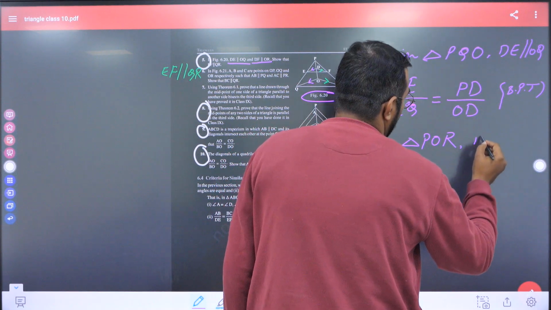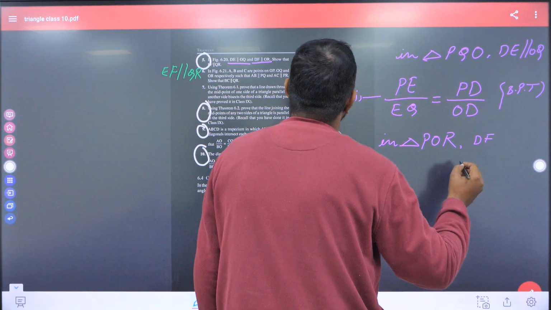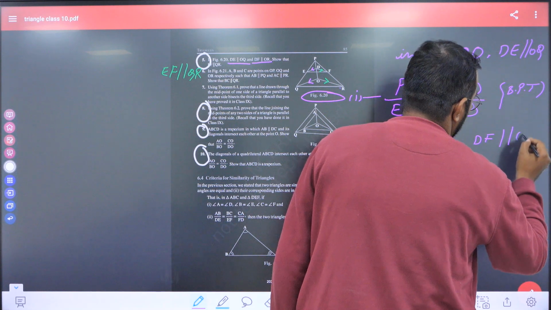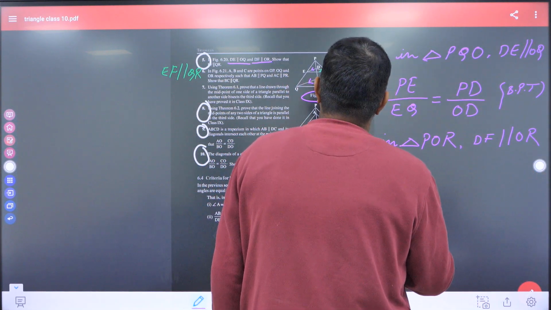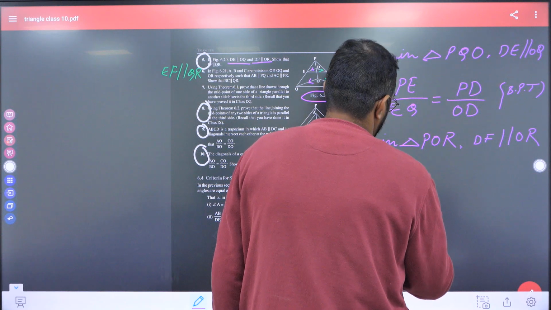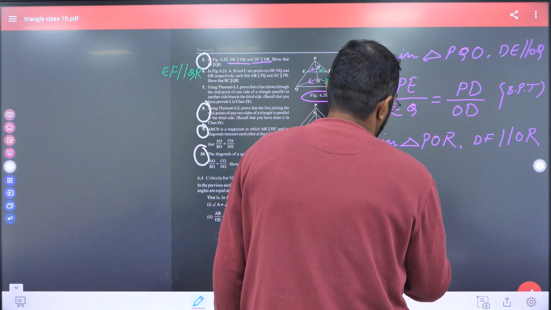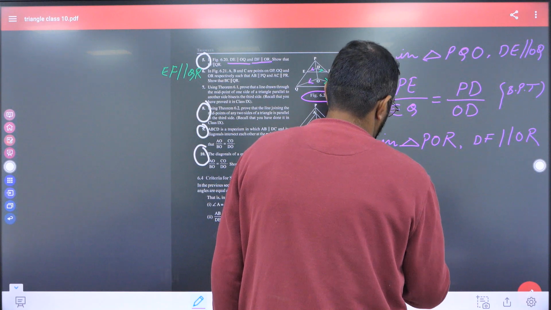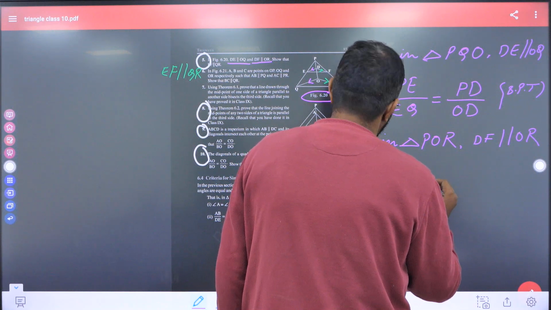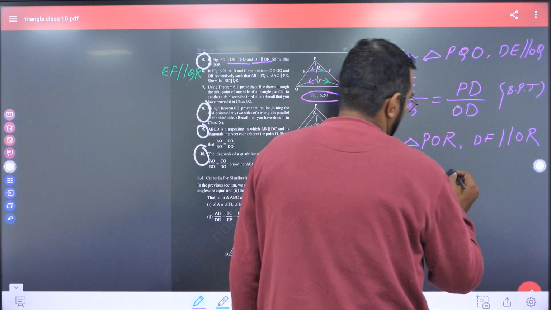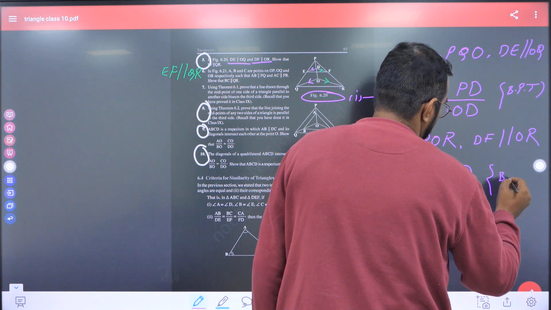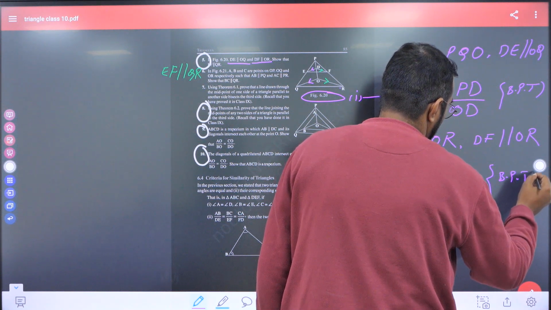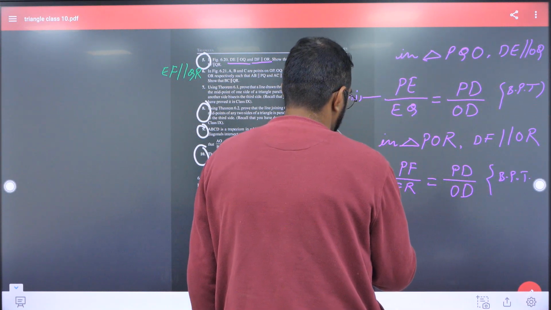In triangle POR, DF is parallel to OR. So we can write that PF upon FR is equal to PD upon OD. Again BPT. Make this equation 2.